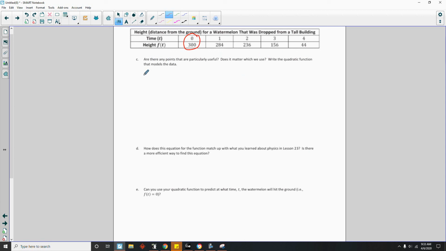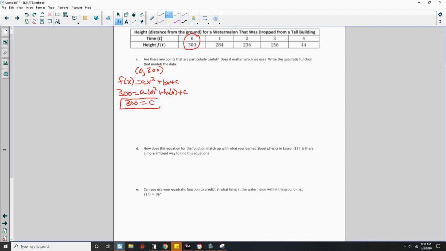Y-intercepts are always useful because if I use the point (0, 300) in my equation, f of x equals ax squared plus bx plus c, then this is my y, or f of x, a times 0 squared plus b times 0 plus c will give me 300 equals c.